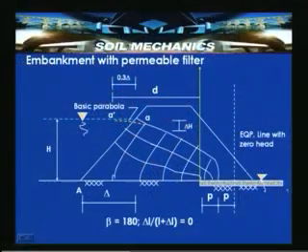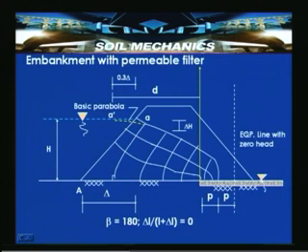In this particular slide, you see there is an embankment with a permeable filter resting here. There is a rock toe, which is a rock filter, placed at the toe of the dam. So, this particular line qualifies as an equipotential line with a zero head.